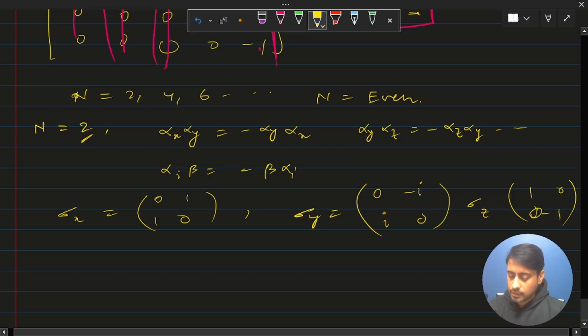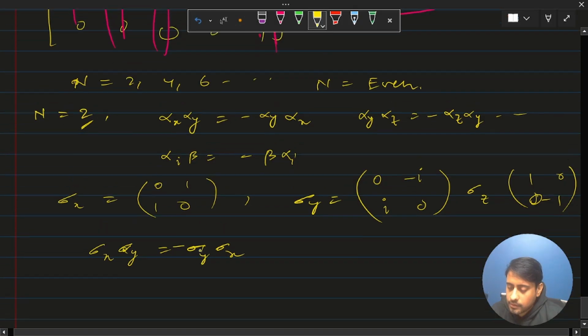If you multiply sigma x and sigma y, you will get the negative of sigma y sigma x, and similarly for the other matrices.